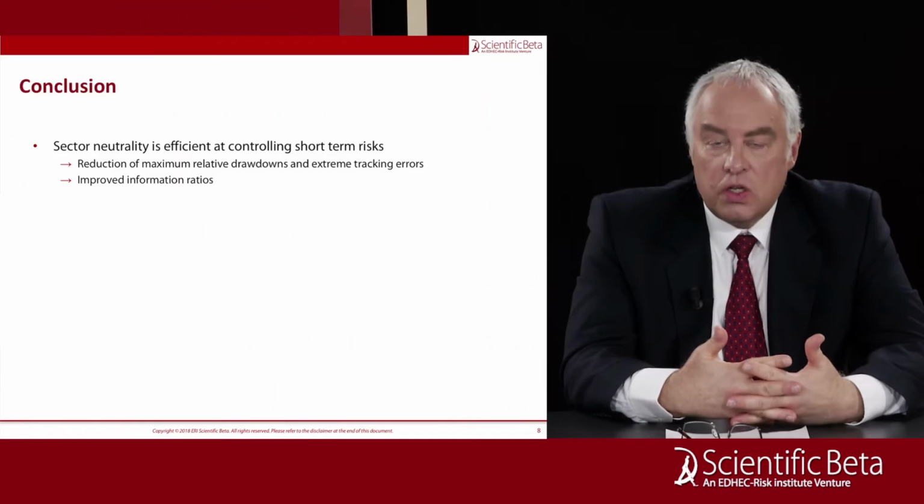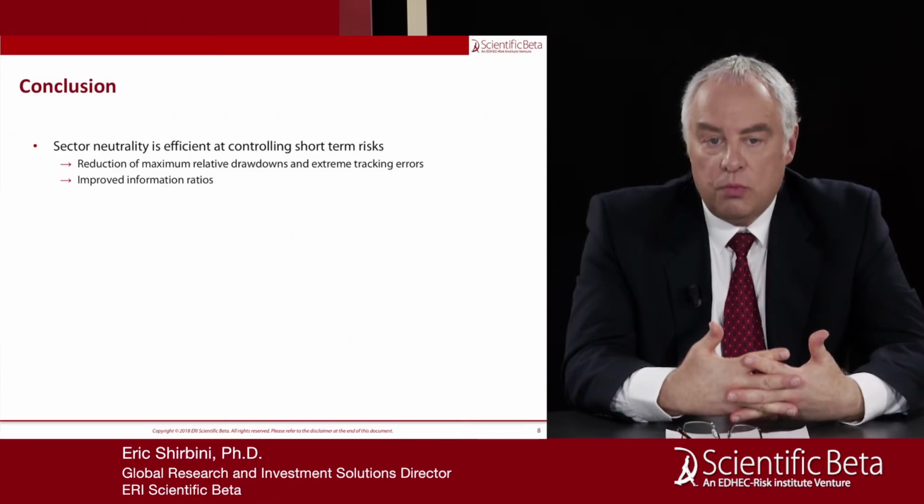Thank you very much, Daniel, for providing a very clear understanding of sector risk and the implications of adjusting for sector risk. So let me just conclude with the main points that I have drawn from this presentation. Sector neutrality is efficient at controlling short-term risk.